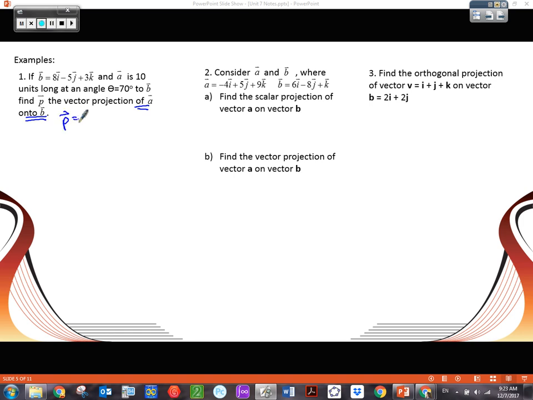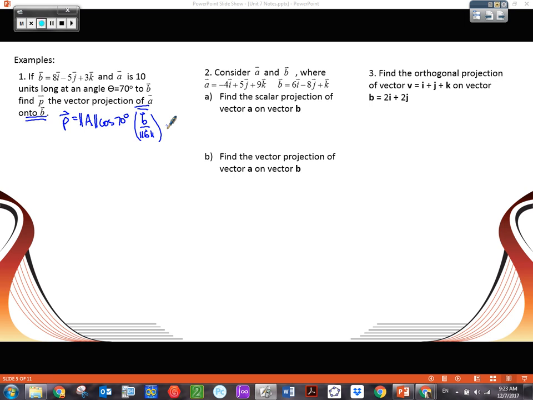I'm going to combine those two formulas from the previous page into one formula, the scalar projection times the vector projection. So we would do the magnitude of A, because A is the one projecting onto B, cosine of theta, and theta is 70 degrees. Then we multiply that by vector B over the magnitude of vector B. That's the formula we're going to use.